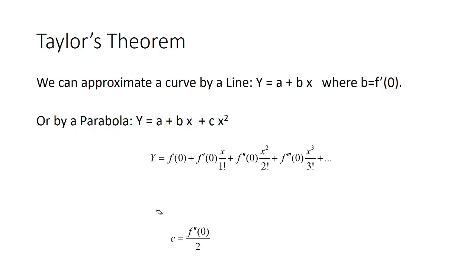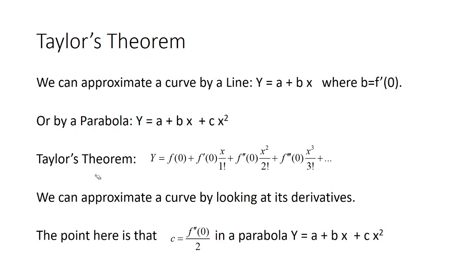All right. So we can approximate a curve by a line, where y equals a plus bx, where b is equal to f prime, or by a parabola. And for those of you who have taken calculus 2, there's this thing called Taylor's theorem, where you can approximate any curve as long as you know its function value and its derivatives of higher and higher orders.